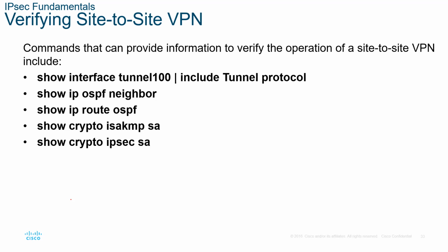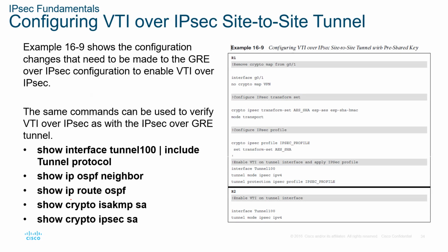Those are our two big crypto show commands, and they should let us see our tunnel function if the tunnel is up. If we want to verify the VTI over an IPsec tunnel, we would be looking at show interface, show crypto ISAKMP SA, or show crypto IPsec SA. Similar commands. So that's it.